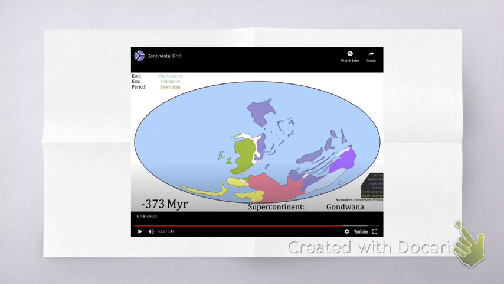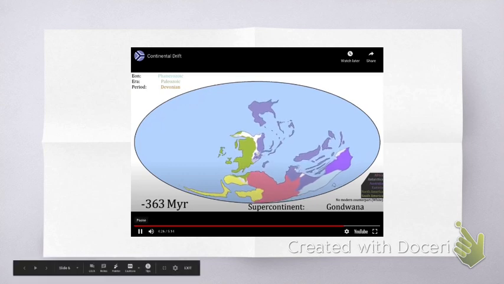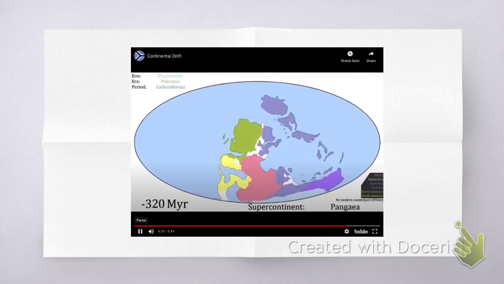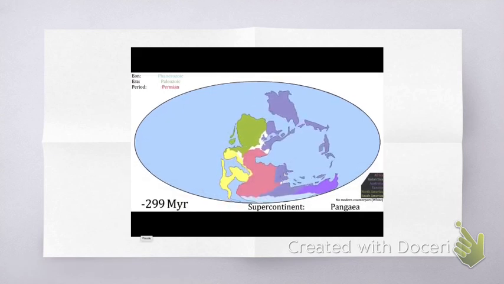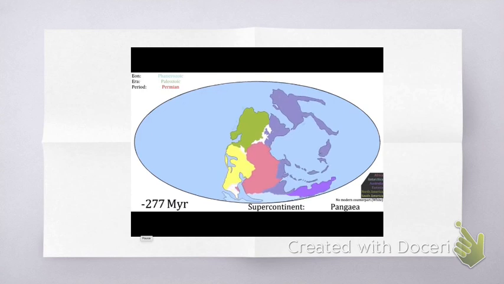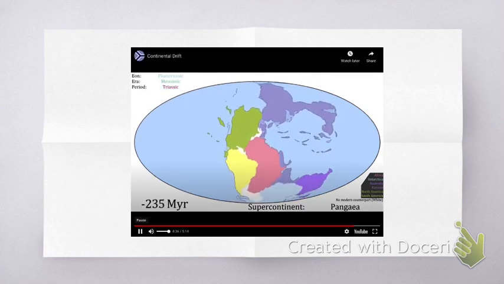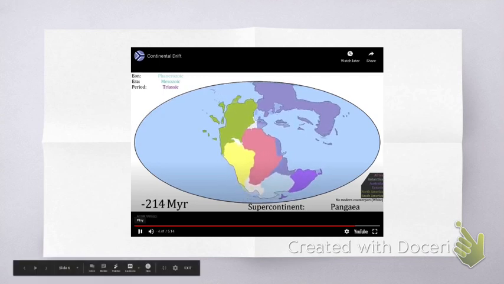Here's North America. Now we've got the famous Pangaea. Now you can see South America, Africa, and North America there.